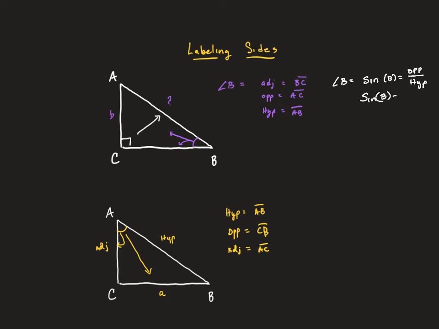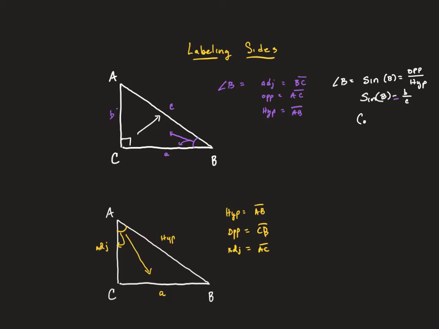So my side lengths are going to be AC. The opposite of angle B is going to be little b, and that is going to be over the hypotenuse, which is C. So there you go. The sine of angle B is going to be b over c.